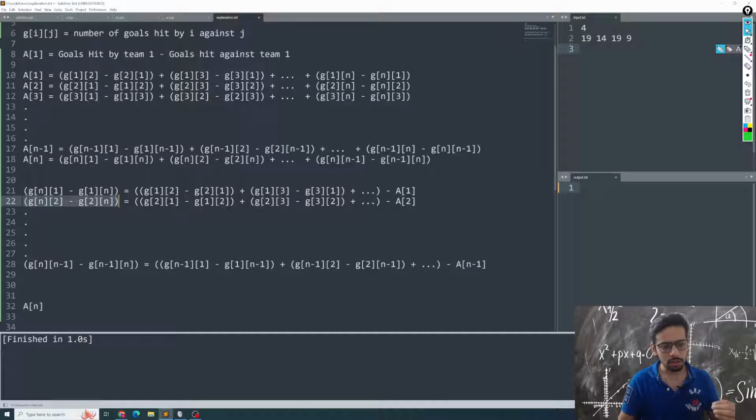Add them all together all the way up to this one, and you'll get A of n, the nth team's efficiency, which will be equal to negative of A1 plus A2 plus A3, and so on till A of n minus 1, plus these other terms. Now what about these other terms? When you sum them all together from top to bottom, all these other terms are going to get cancelled out.